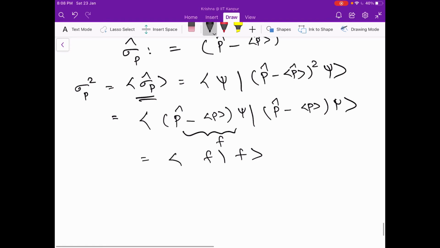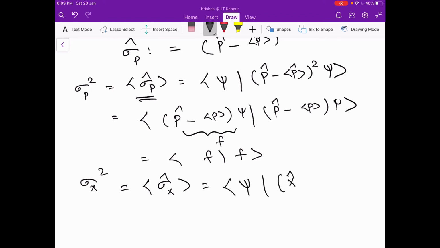Now you can do the same thing for x. Okay, the variance of the x operator is, let's say, sigma x squared, which can be written as psi, x hat minus the mean value of the x operator, squared, acting on psi.